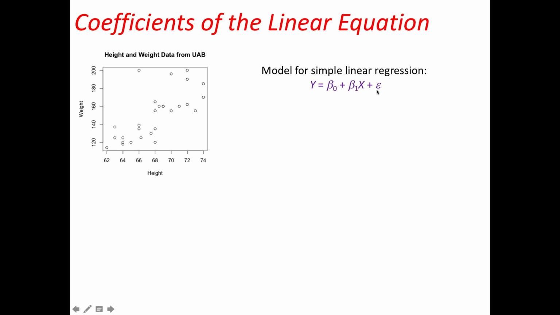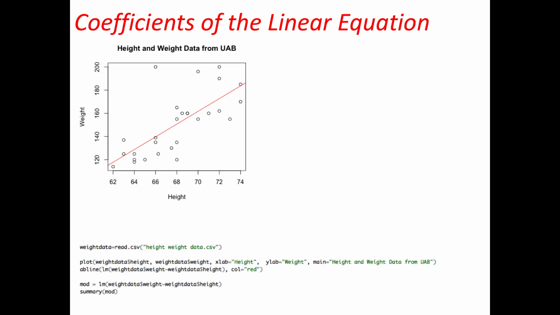We can estimate the value of y, or weight, by using the point on the regression line corresponding to the value of height equals 70 inches. Remember, we want to find a model that will help us predict the weight of a student who is 70 inches tall. We are going to solve this statistic using RStudio.